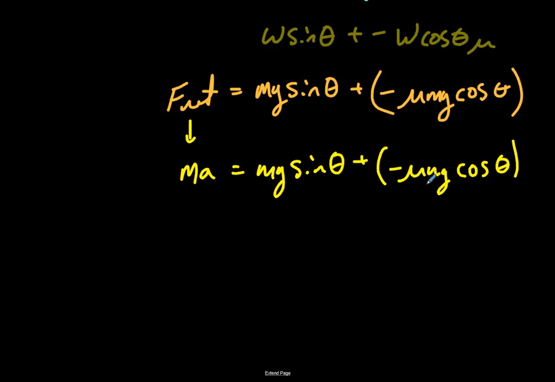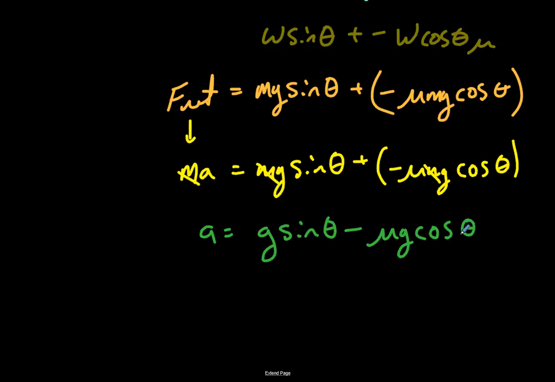And we can pull the m out of each of these, right? We can multiply both by m, or we can just divide m off the whole thing, and m will cancel out of here, and you get this. The acceleration of your block on a surface is g sine theta minus mu g cos theta.